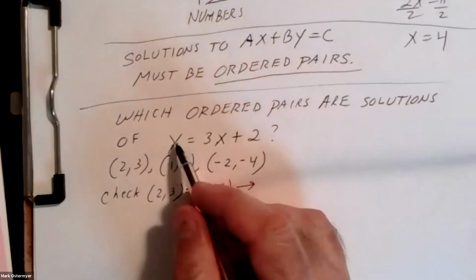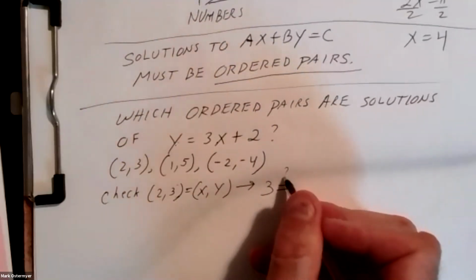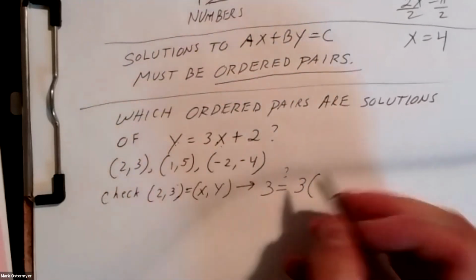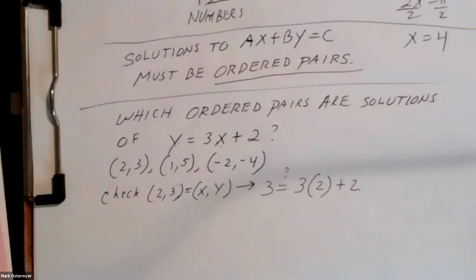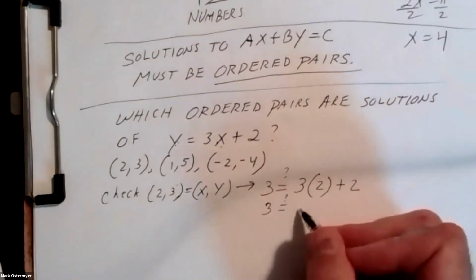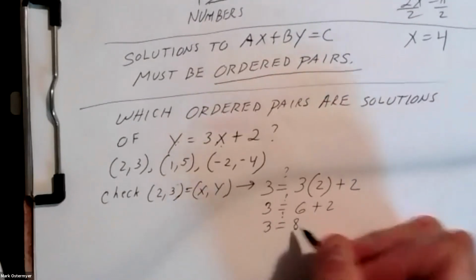Replace y with 3. Is 3 equal to 3 times 2 plus 2? Is this true or false? 3 times 2 is 6, 6 plus 2. Is 3 equal to 8?